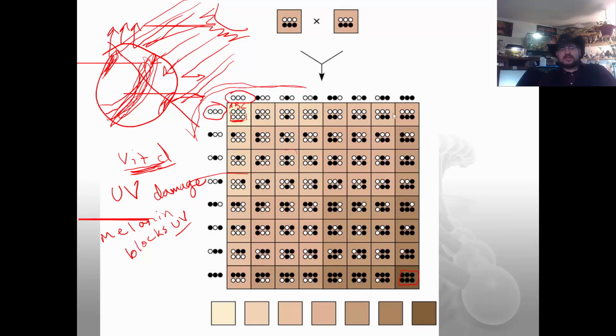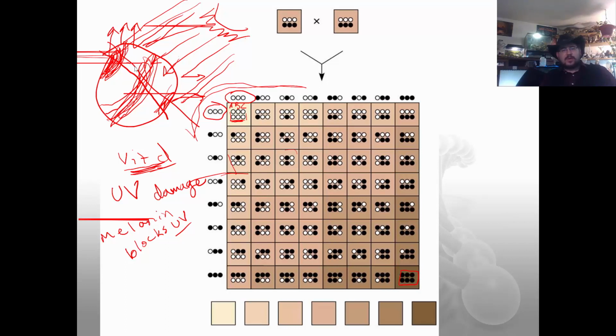So these various beautiful shades all occur based on where you are on the planet. If you're further north or south, you're going to see lighter skin shades because you're going to have less sunlight, so you want a lot more sunlight to pass through to get vitamin D production.